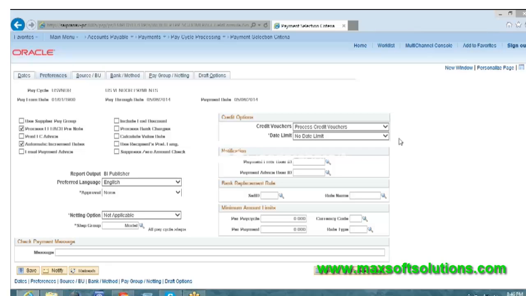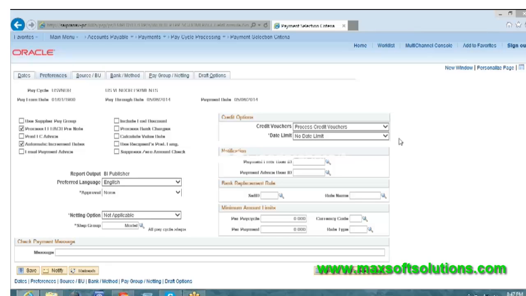When you are creating a credit note, it means crediting the vendor. Normally in accounts payable, whenever you create any voucher, it will be debited. When you are debiting, it means we have to make the payment to the vendor. When you are creating a credit note, it means the vendor has to pay something to you.